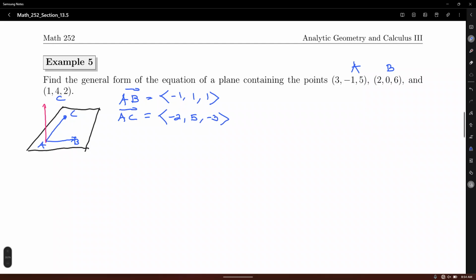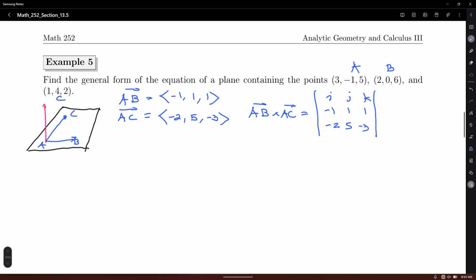Set up a cross product, all right? Set up that cross product, AB cross AC. That is, okay, I, J, and K, and set the other two rows, which are the components of the given vectors. That's negative 1, 1, 1, and then negative 2, 5, negative 3.